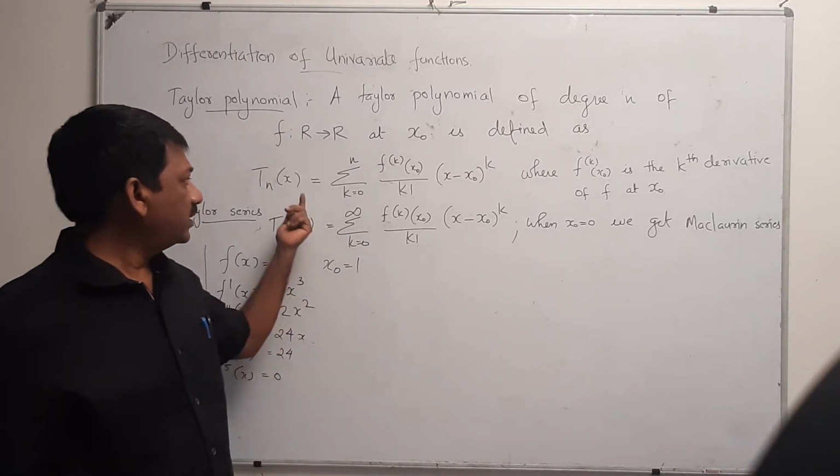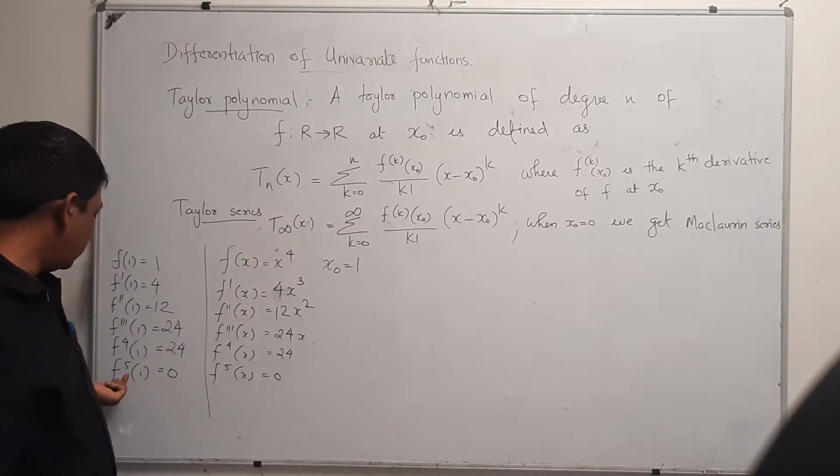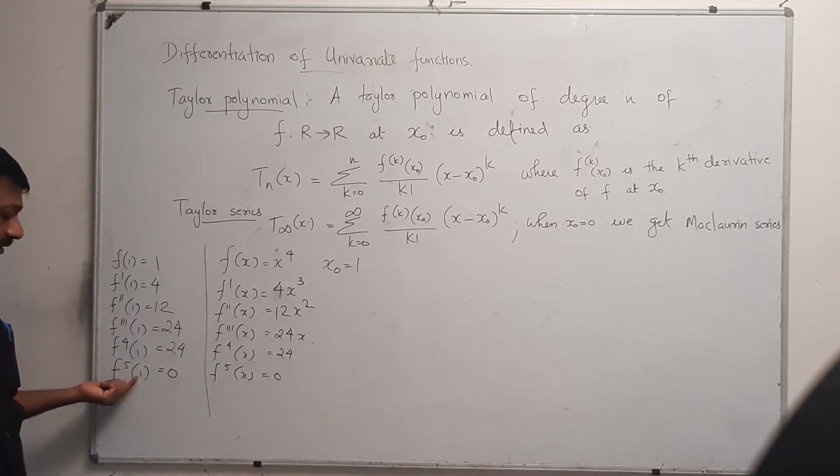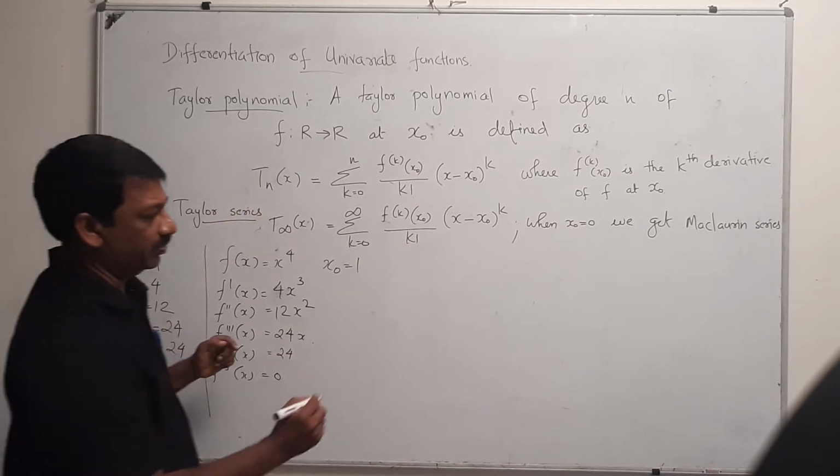Now I am going to write this equation. The fifth derivative onwards it is 0, so I am going to take T5 of x.